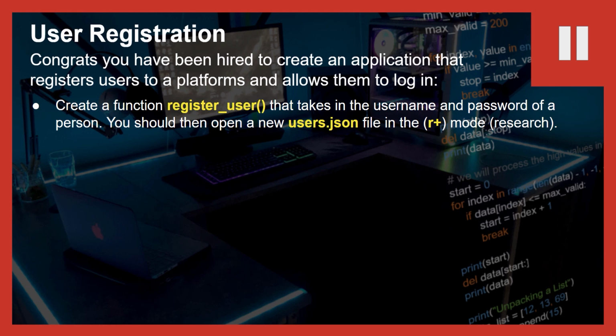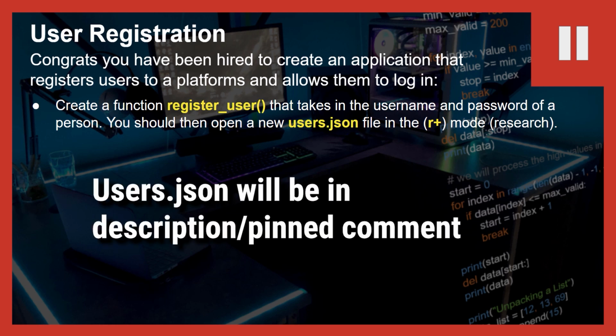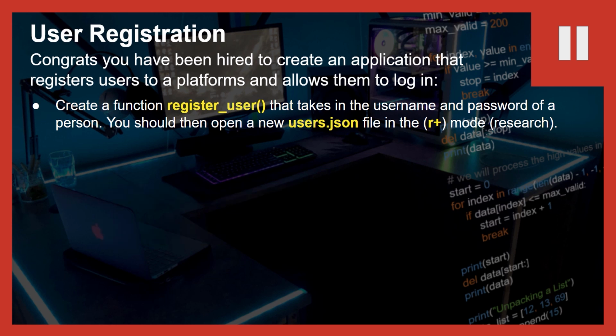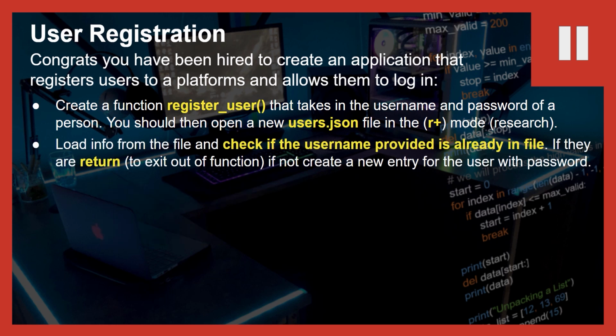You should then open a new users.json file in the R+ mode, and you have to research that. Next, you'll need to load information from the file and check if the username provided is already in the file. If they are, return to exit out of the function. If not, create a new entry for the user with a password.